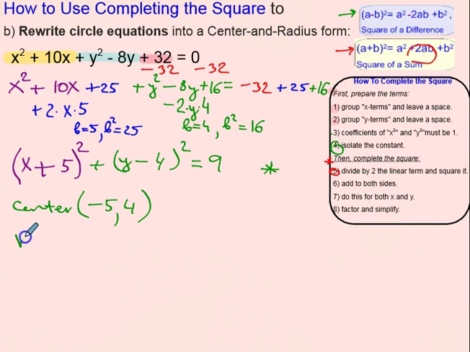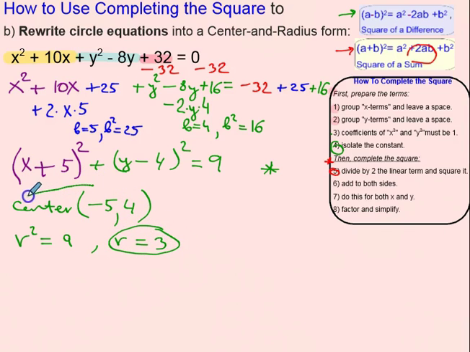The radius of this circle would actually equal the square root of 9, the positive square root because we're looking for the length. So since the radius squared according to the formula of a circle is 9, then as I mentioned earlier, the positive square root of it would be the radius itself.